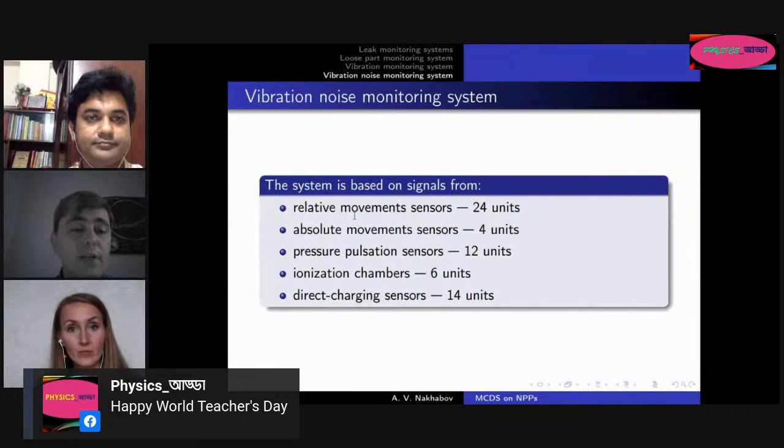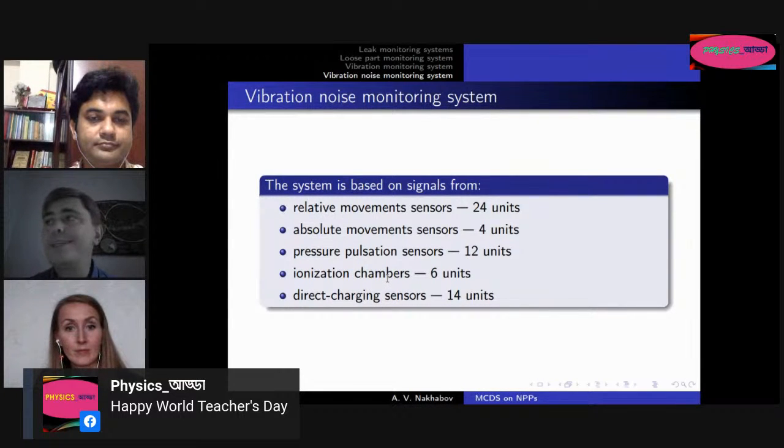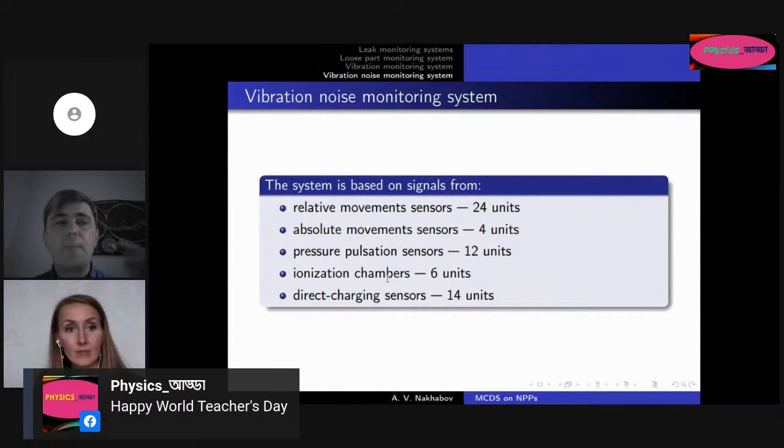We use different kinds of sensors: relative movements, absolute pressure, ionizing chambers, because we should measure not only mechanical vibrations, but we would like to use special instrumentation like ionization chambers to detect neutron flux, because surprisingly, fluctuations and changes of neutron flux in the reactor contain information about possible vibrations of internals.